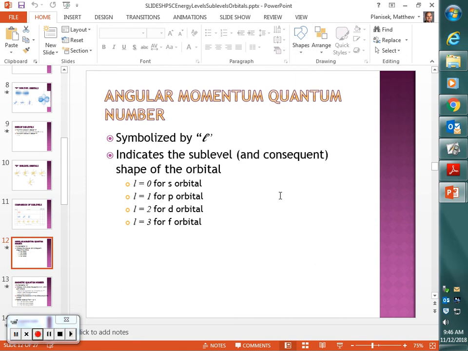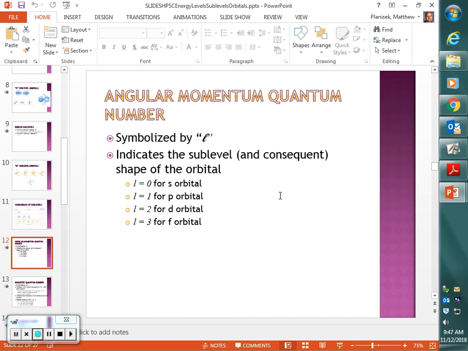So for the most part, we're going to stick to basically 3 shapes, even though there are 4 possible, okay? S orbitals. What do S orbitals look like? They're spheres, right? Regardless of which energy level they are in, all S orbitals are spheres.